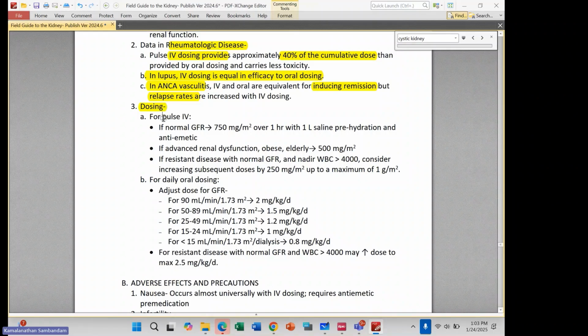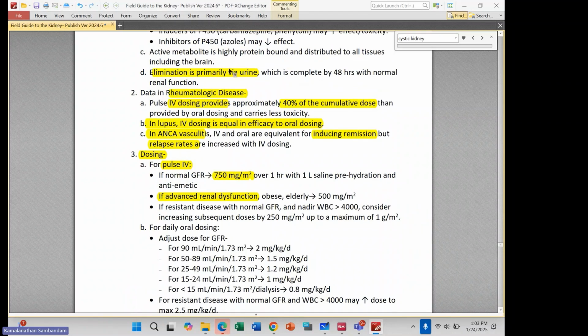The typical dose for pulse IV dosing is 750 milligrams per meter squared. We give it over about an hour. Okay, it can be given even quicker if you'd like, but that's our protocol here. If you have advanced renal dysfunction, because this is renally cleared, then you need to reduce the dose. The same is true if you've got an elderly person.